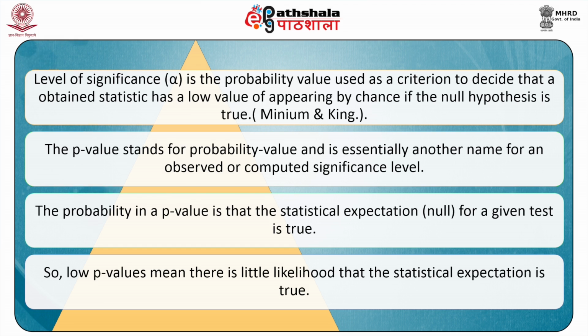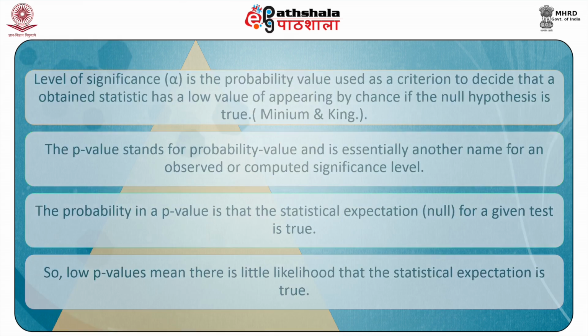The p-value stands for the probability value and is essentially another name for an observed or computed significance level. The probability in a p-value is that the statistical expectation null for a given test is true. So, a low p-value means that there is little likelihood that the statistical expectation is true.